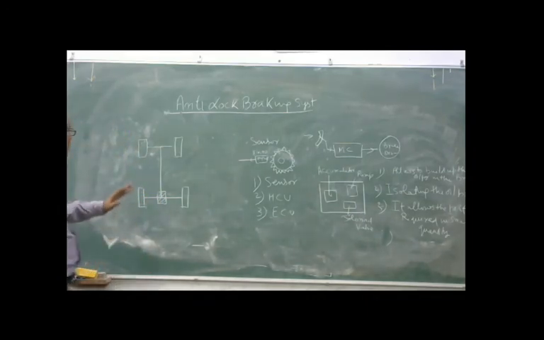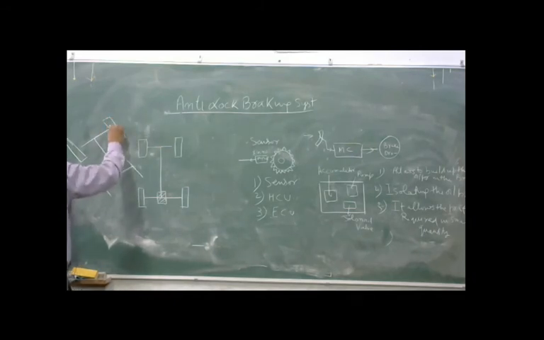But when it comes to turning, a lot of problems come. The two front wheels, the inner wheel has to travel a smaller radius, and the outer wheel has to travel a longer radius.